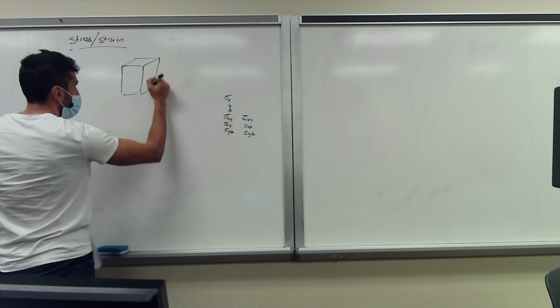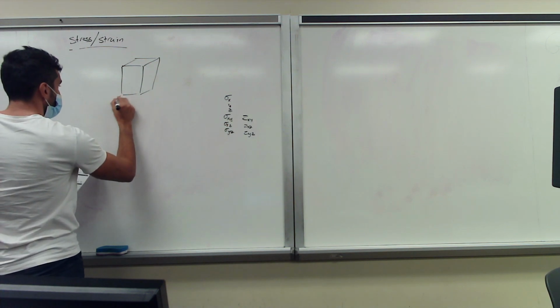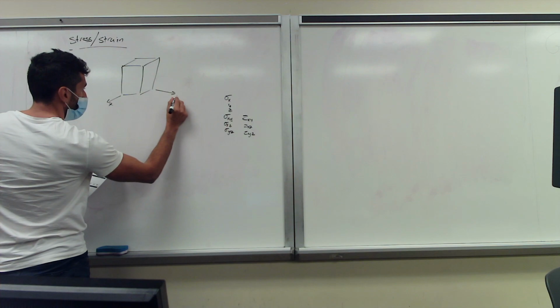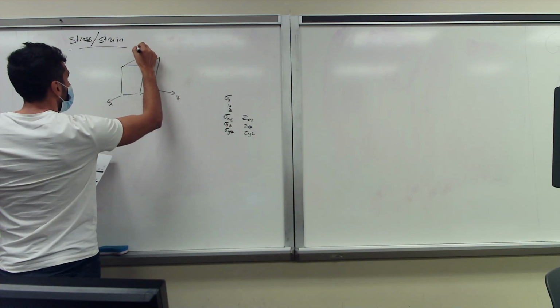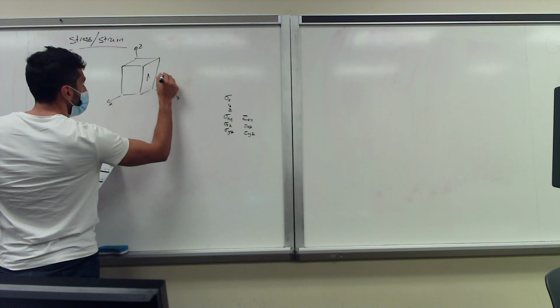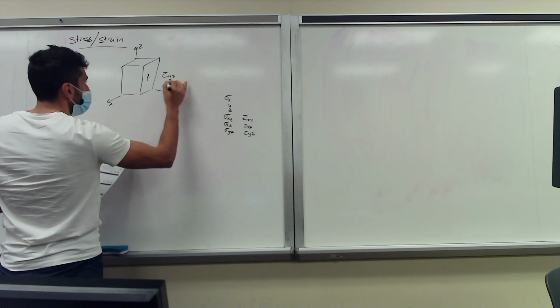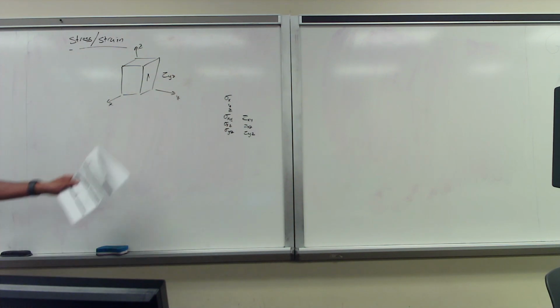And let's look at this one. Let's see, X, Y, and Z. So this shear force will be known as tau YZ. And why is this not tau ZY or something else?